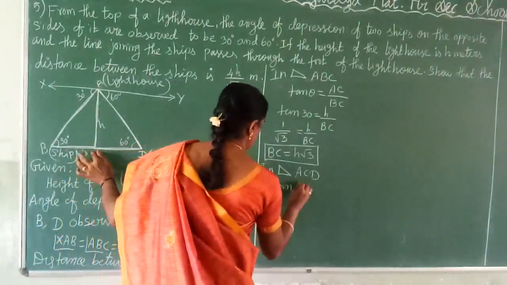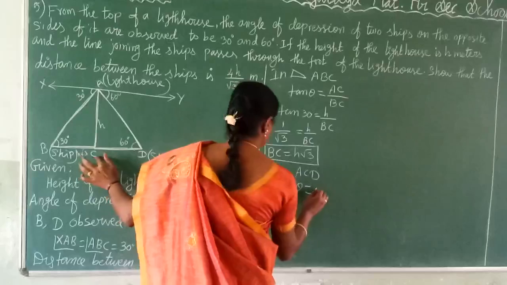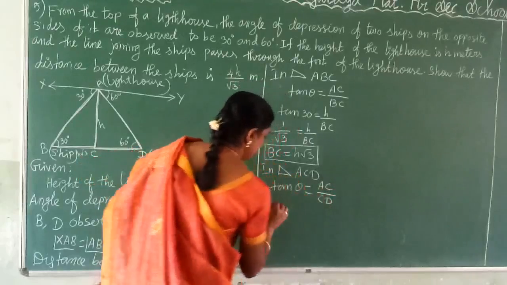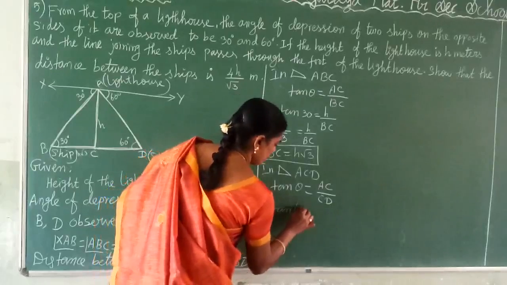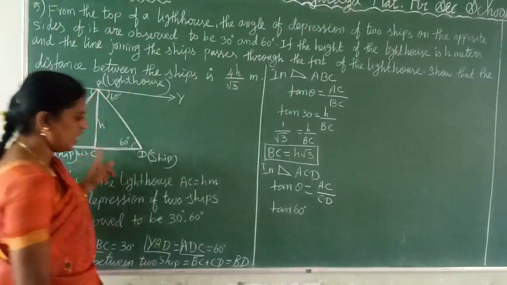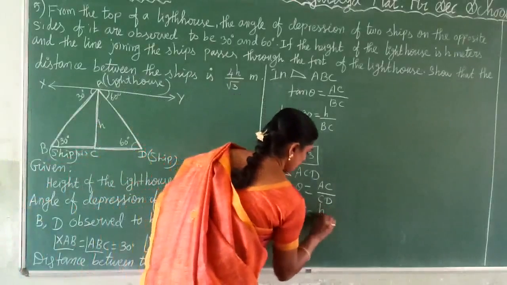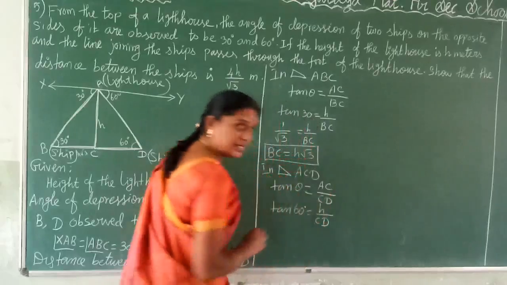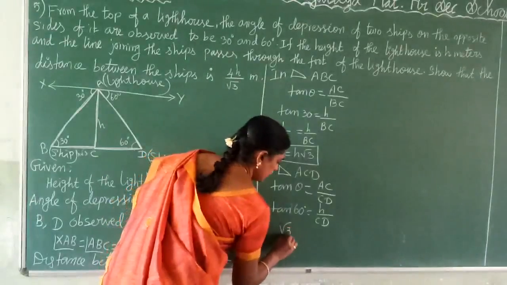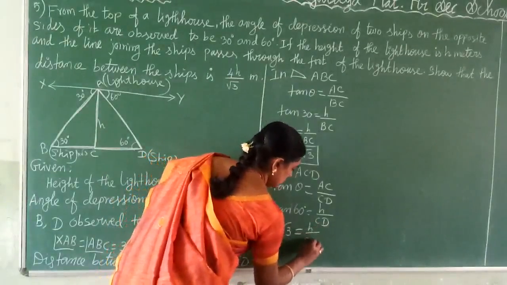So tan theta equals opposite AC by CD. Here theta is 60 degrees. Tan 60 degrees, table value root 3, equals h by CD.